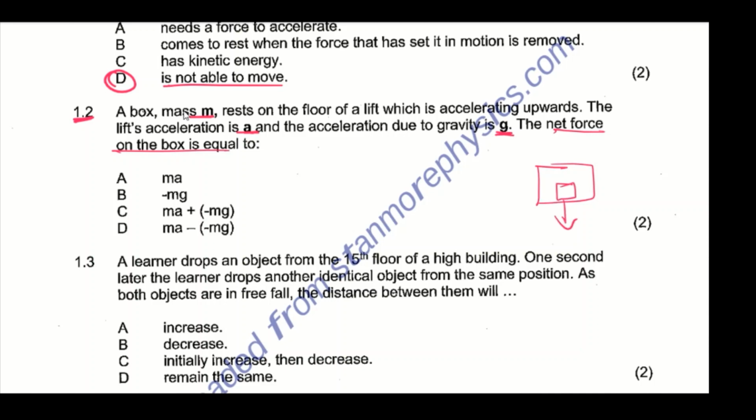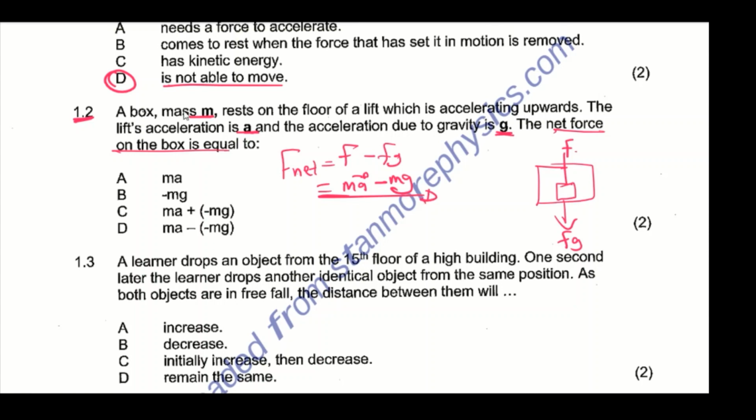And we know that the force of gravity is acting down and the applied force is acting up, right? So to find the net force, F net is equal to the force minus the force of gravity, right? So the force being m multiplied by acceleration, minus mg. So this would be our net force.